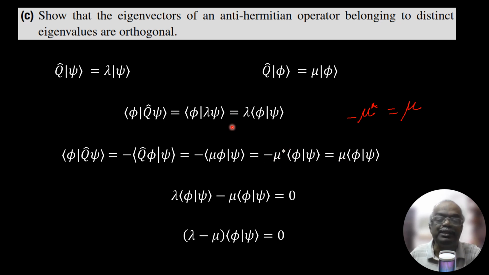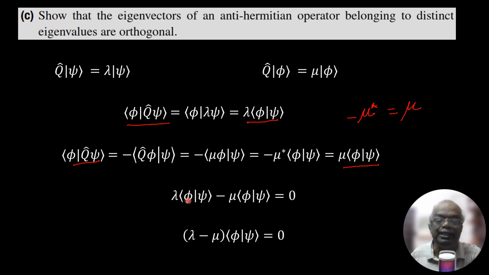Then you compare this and this. On the right hand side, you got the same inner product. If you subtract this from this, you will get 0, because both are the same. So equivalently, if you subtract the left hand sides, you will get 0.